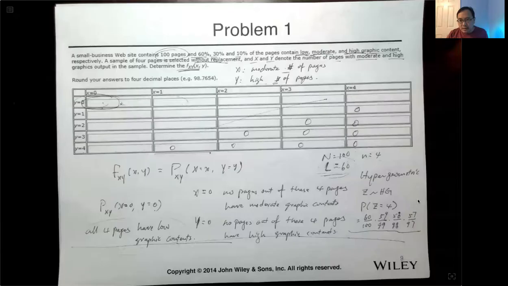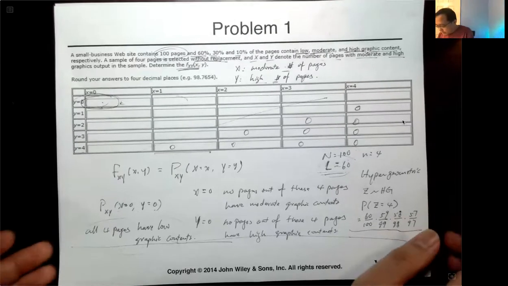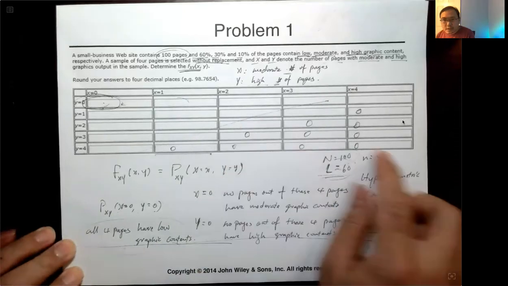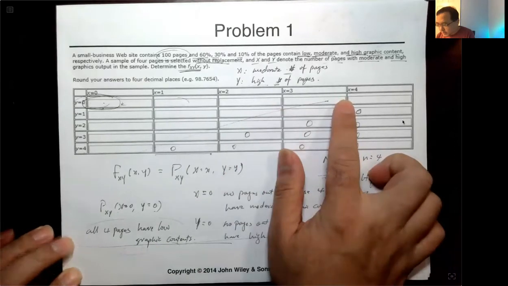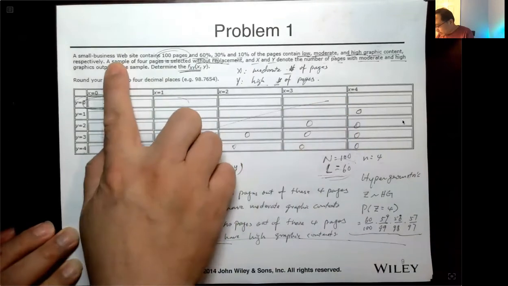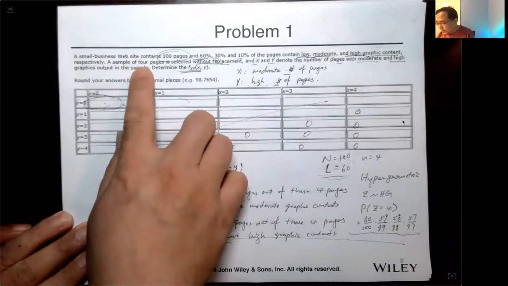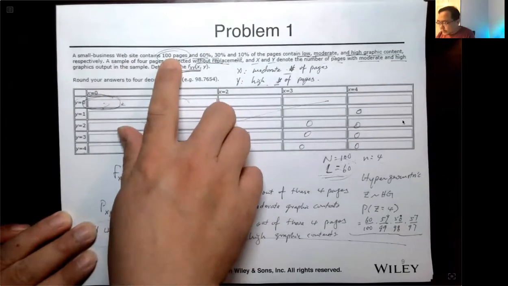Okay, let me switch to my document. All right, here you have this example, and we discussed it in the class. It says there are 100 pages, and we are going to sample 4 pages out of 100 pages.